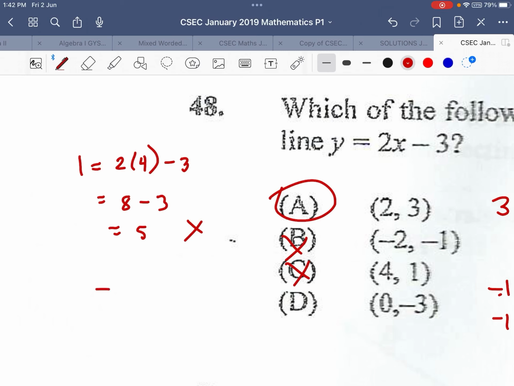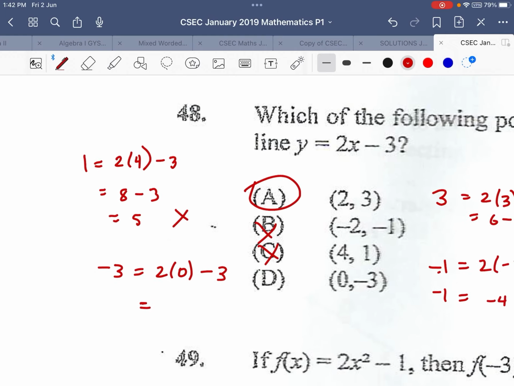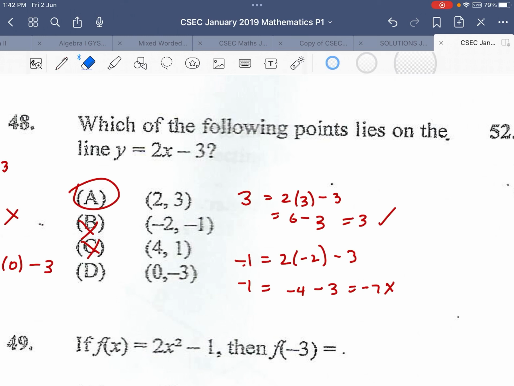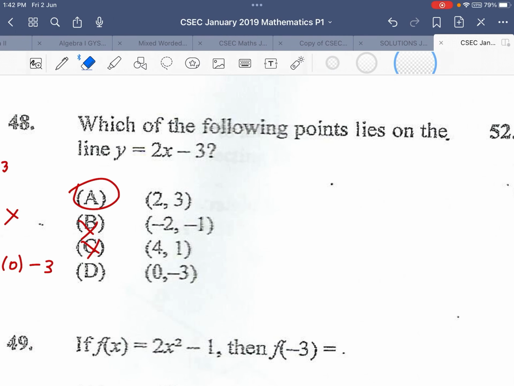Right, and minus 3 should be 2 times 0 minus 3. There's a mistake here that I made. Let me put it back.